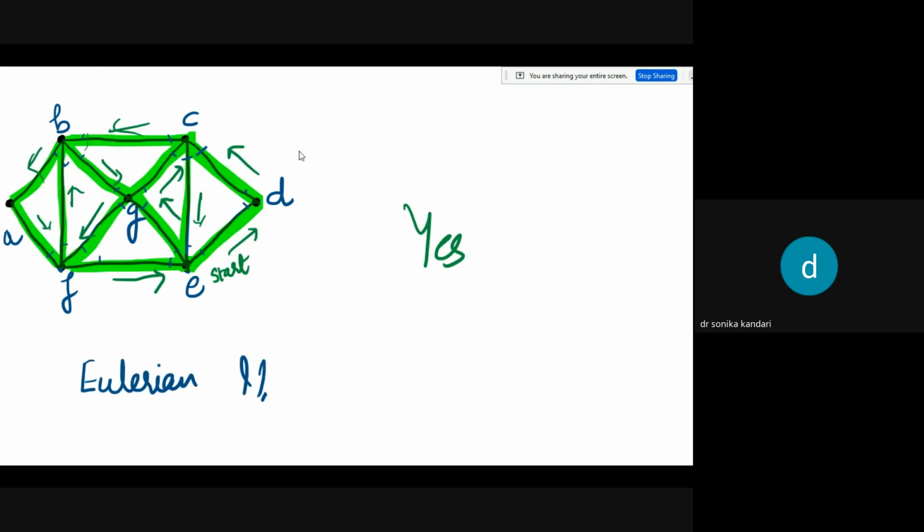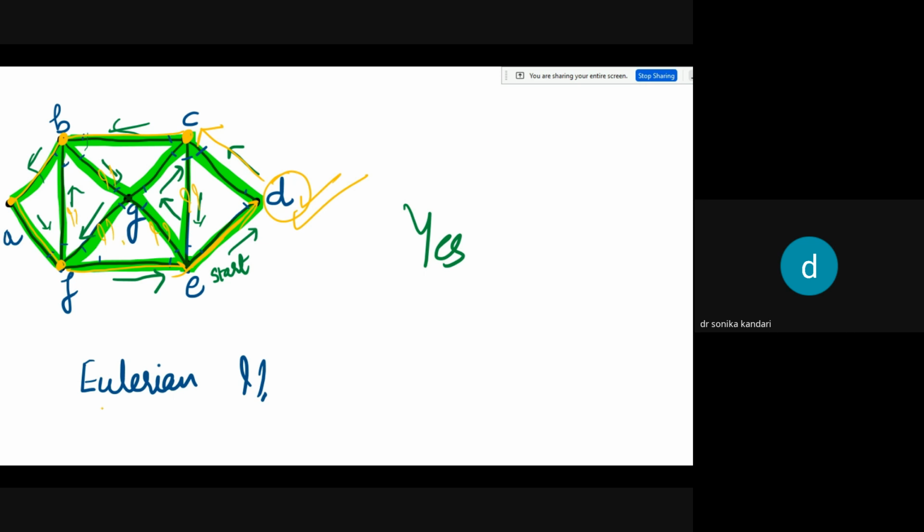Now see, I have started with D. I reached C. From C, I reached B. From B, I reached A. From A to F. From F to E. And from E to D. Am I able to traverse all the edges through this? Yes or no? Because these edges are left. So it means I need to change my strategy.